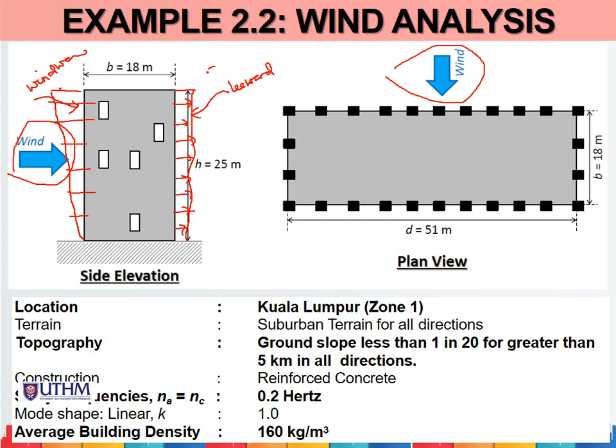For this one, everything is constant. Once you calculate one value, it is constant for all levels, because this is uniformly distributed.